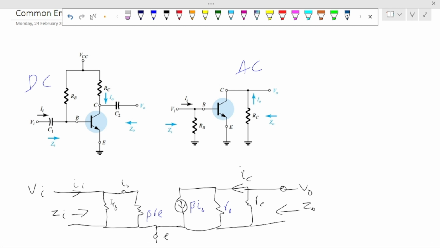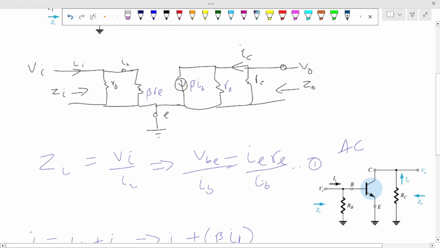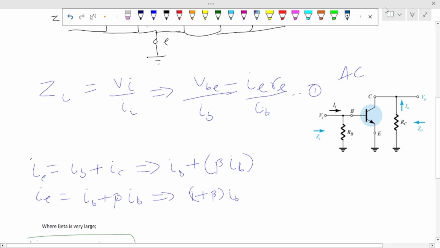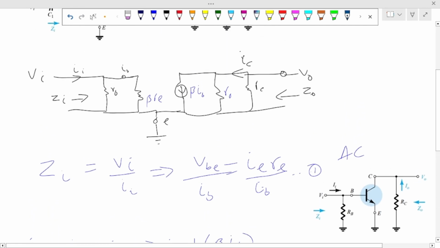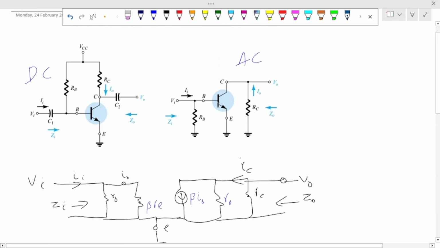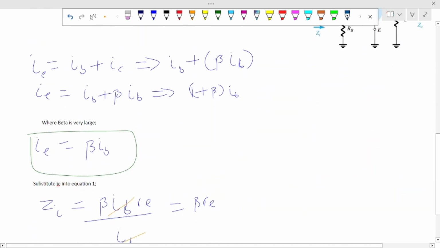We need this AC model, which we did in the last video, so please check out that video to follow up. What we are doing now is AC analysis, because we've removed the DC source to get to this point and then drew the model.